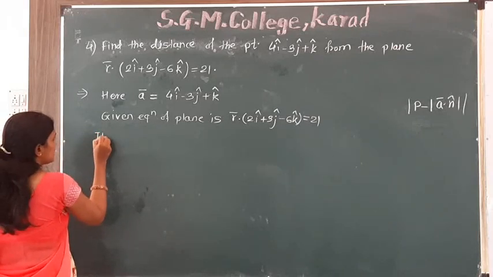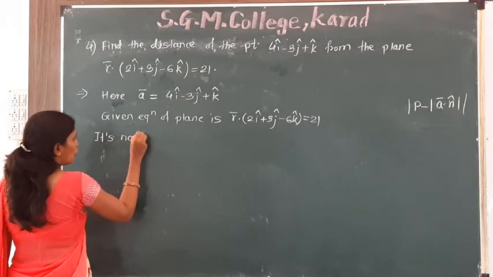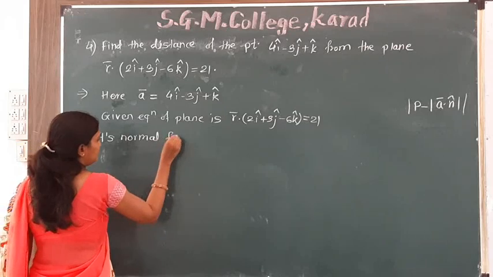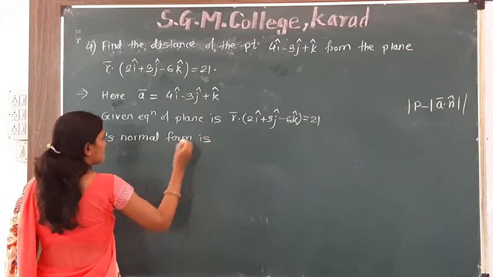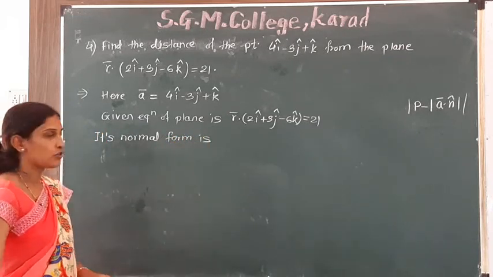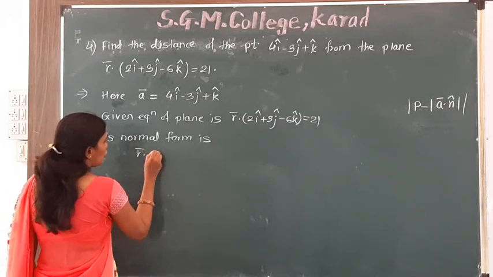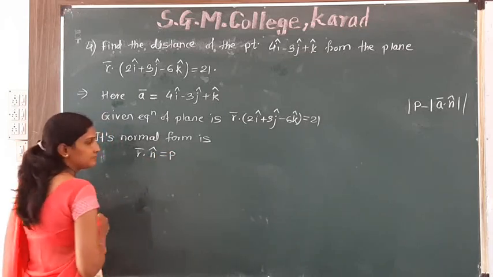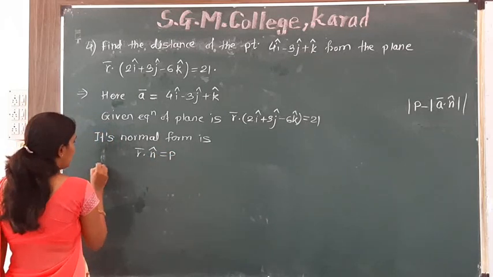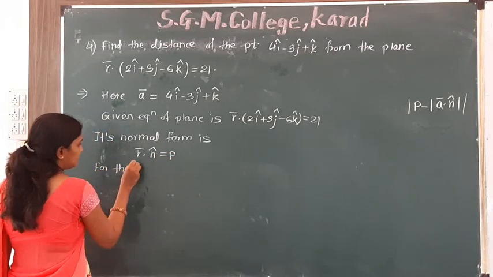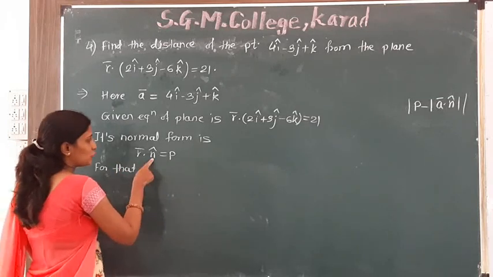So its normal form is r bar dot n cap is equal to P. For that, we have to find out first n cap.